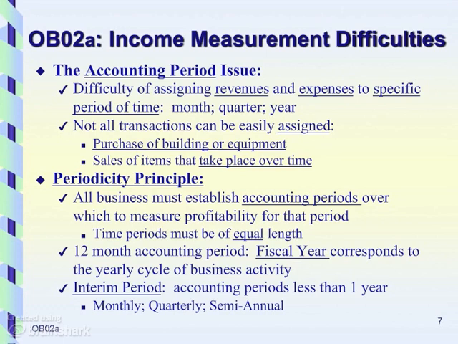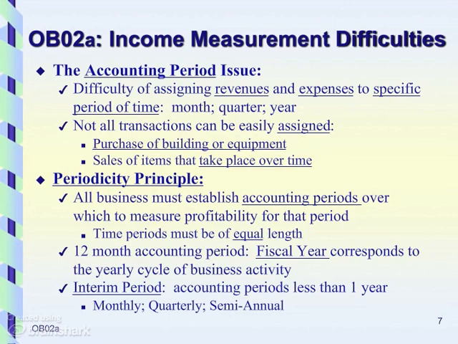Fiscal periods do not have to correspond to the calendar year activity. They can be any 12-month period. They're typically determined by whatever meets the best needs of the business. And you can see an example chart on page 135 of the different fiscal periods for various businesses.